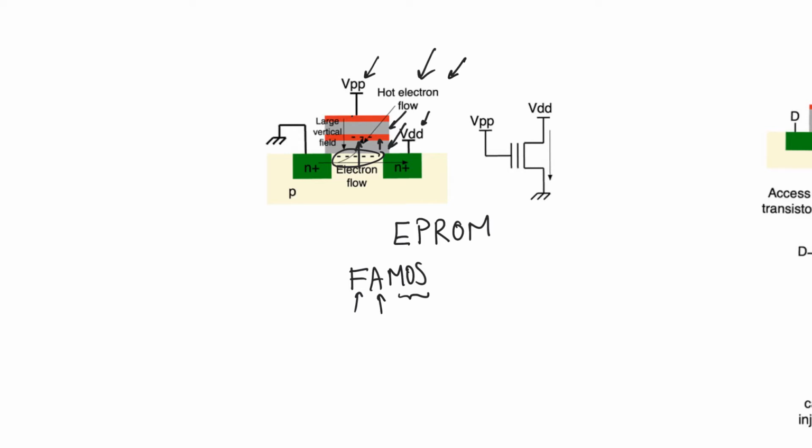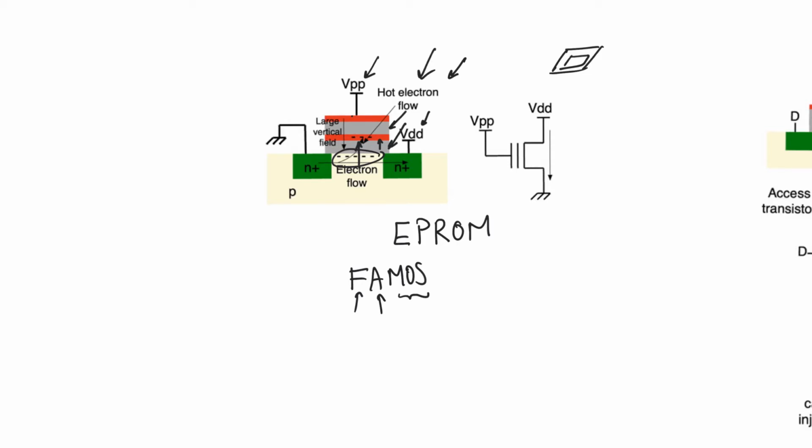You have to put it in a special machine that exposes it to ultraviolet light, which is why EPROM chips usually have a transparent window on top that allows the die to be exposed to UV light when you want to erase it. And so you cannot erase it while it is on board on the PCB.